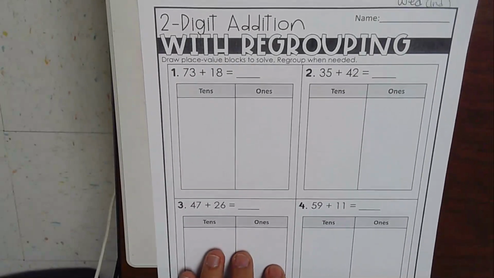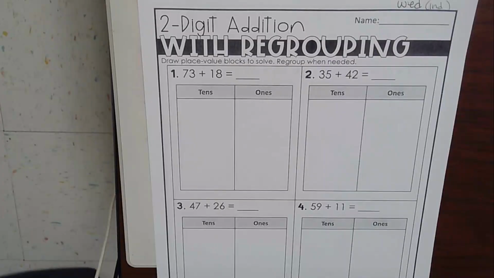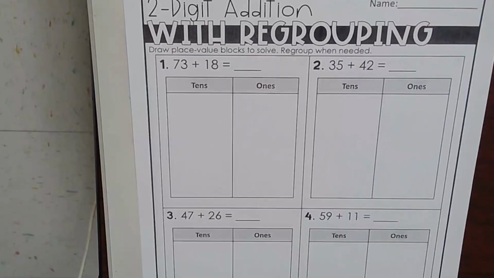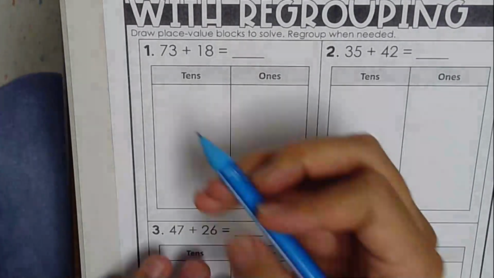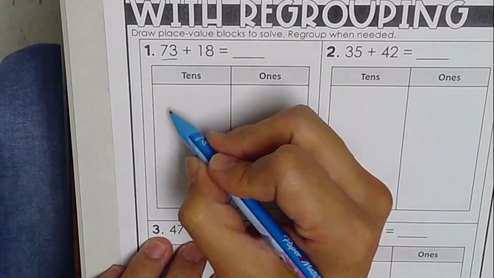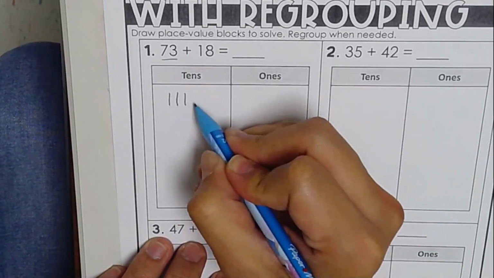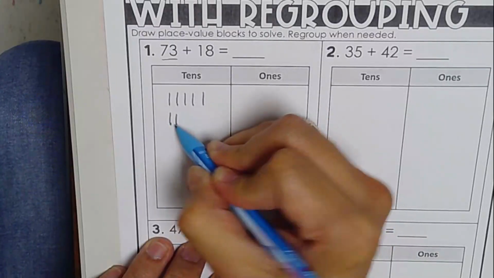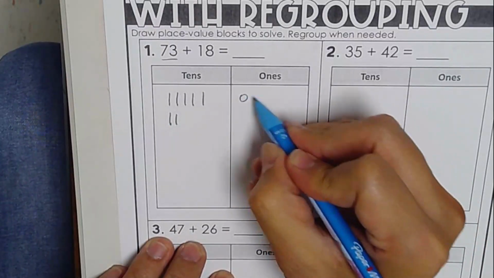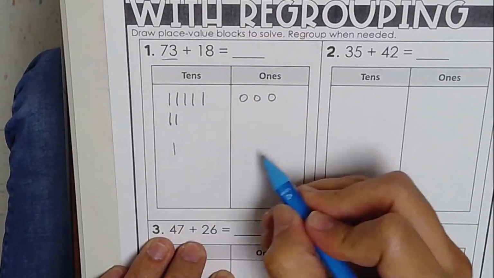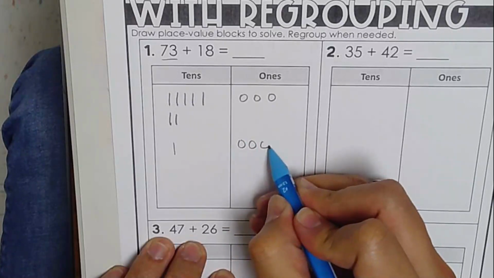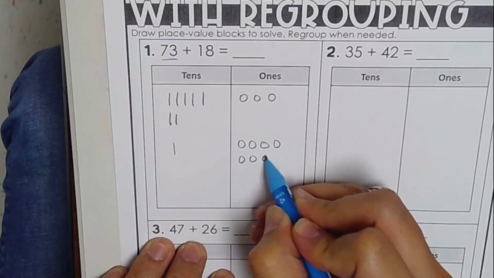So here I have 73 plus 18. Kids should already know when regrouping, we always start in the ones place. So we build our 73. We have 1, 2, 3, 4, 5, 6, 7 tens, and 3 ones. 1, 2, 3. 18, I have 1 ten and 8 ones. 1, 2, 3, 4, 5, 6, 7, 8.